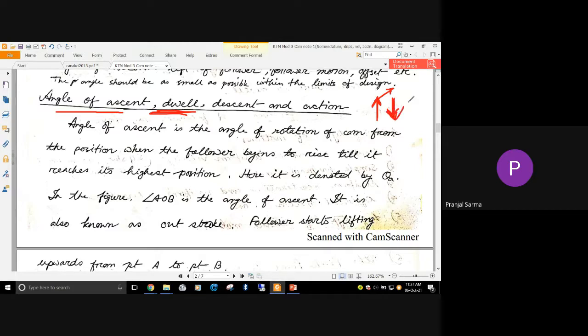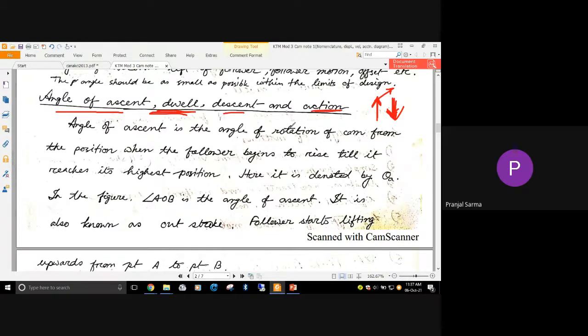That is known as the descent stroke. The ascent stroke is also known as the outstroke, and then we have the dwell, meaning there is motion of the cam but the follower will not have any motion. Descent means going down, and we also have the angle of action.